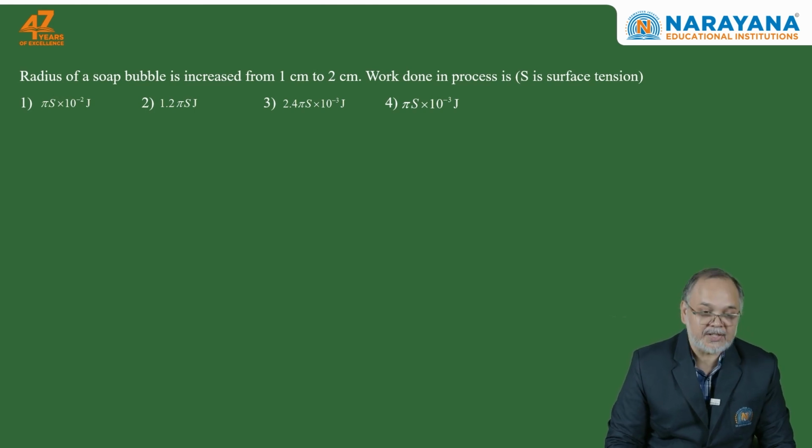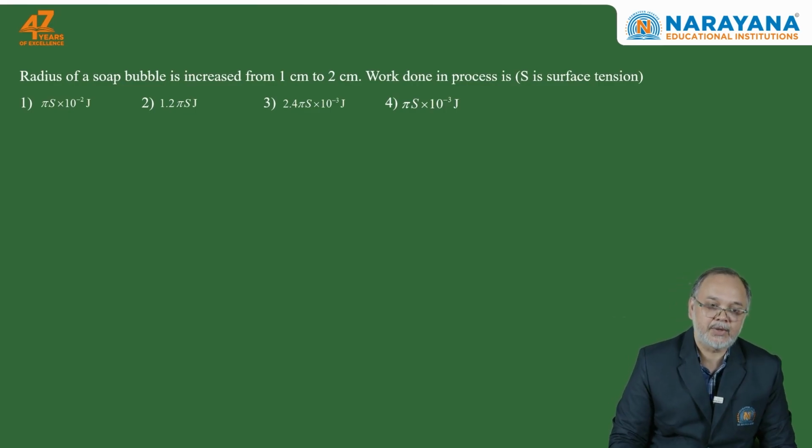Now you can see the first question here and it is from the chapter of surface tension. Radius of a soap bubble is increased from 1 centimeter to 2 centimeter. Work done in the process is, S is a surface tension which is given to you.